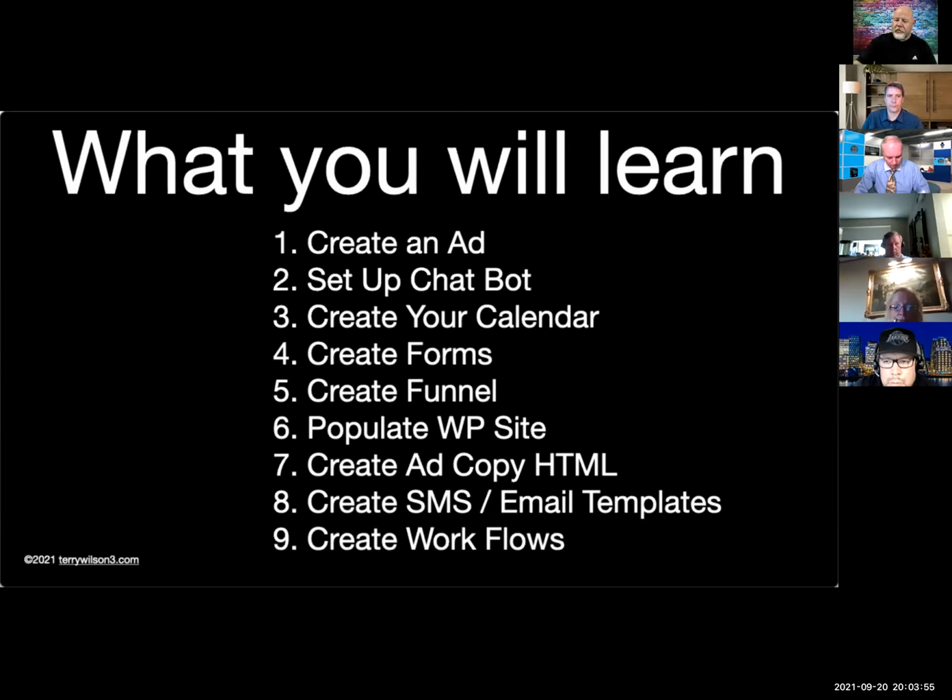So to say that we're going to cover a lot is an understatement, but here's the deal. If you're a TW3 member, all of these components will be broken up into individual 3-minute trainings so that you can go back and watch that particular video to understand how to do one particular task.